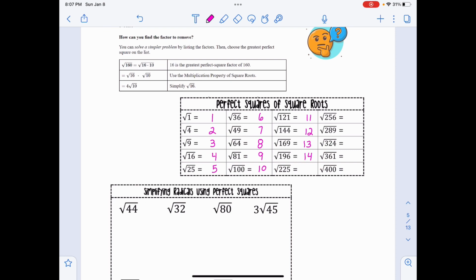Square root of 225 is 15, that pops up frequently. Square root of 256, that's less frequent. One through 12 you should have memorized, and 15 pops up quite a bit. And square root of 400, that's easy, it's 20. So those are our first 20 perfect squares.